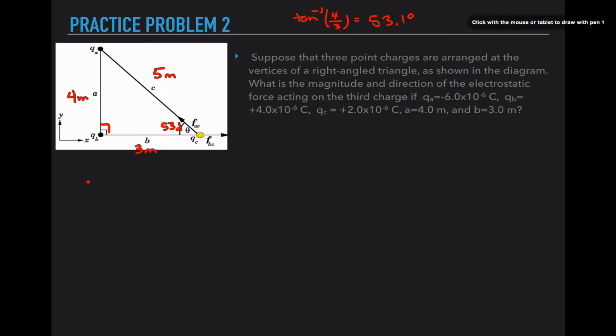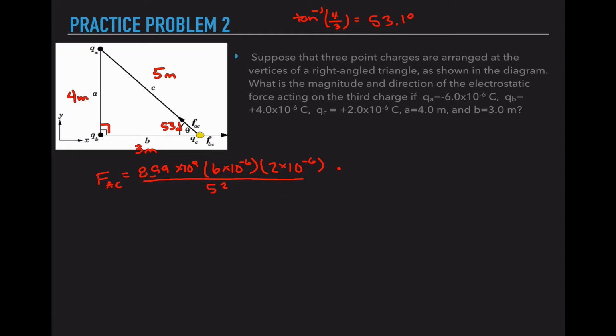So first, I have to look at the force of A acting on C, okay? So I'm going to do force A on C is 8.99 times 10 to the 9 times 6 times 10 to the -6 times 2 times 10 to the -6, all over 5 squared.